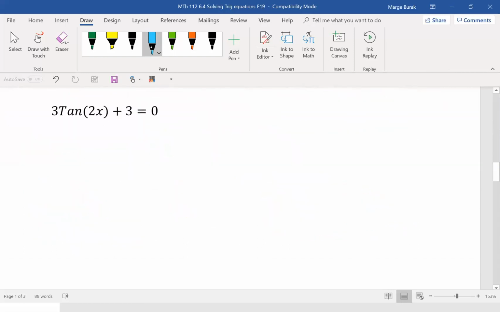Okay, this one's a little bit different because we have tangent. So we're solving this equation for what value of x? 3 times the tangent of 2 times x plus 3 equals 0. Okay, so first of all, let's isolate the tangent of 2x, which is some angle.